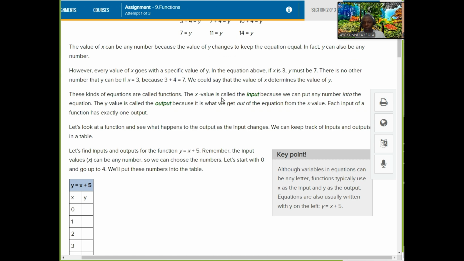The x value is called the input because we can put any number into the equation. The y value is called the output because it is what we get out of the equation from the value of x.